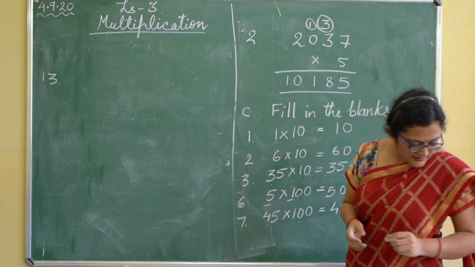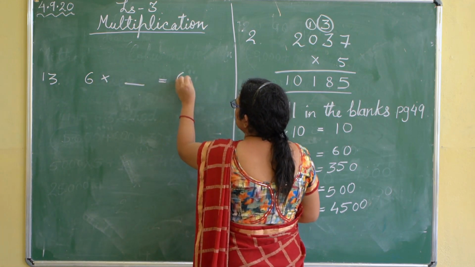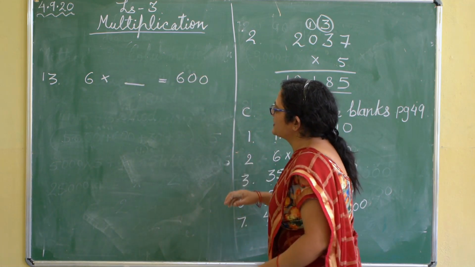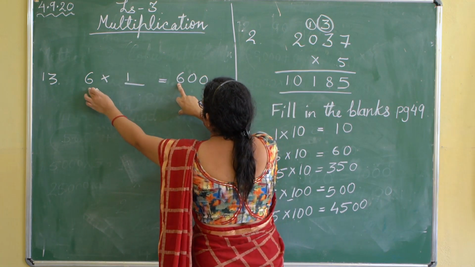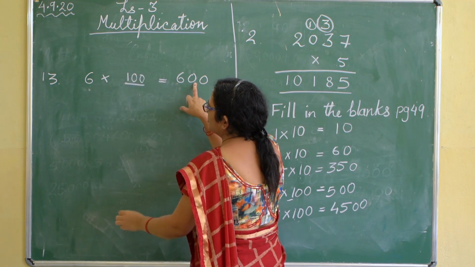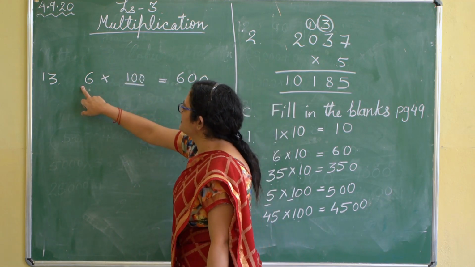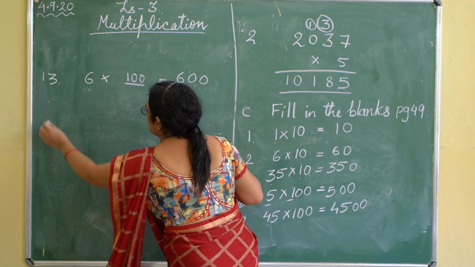The 13th one is 6 multiplied by dash equals 600. As you know, in the table of 6, when does the 6 come? One time. 6 ones are 6. How many zeros are there? 2 zeros. We'll write it this way: 6 ones are 6, and 2 zeros, so we'll put 2 zeros here.